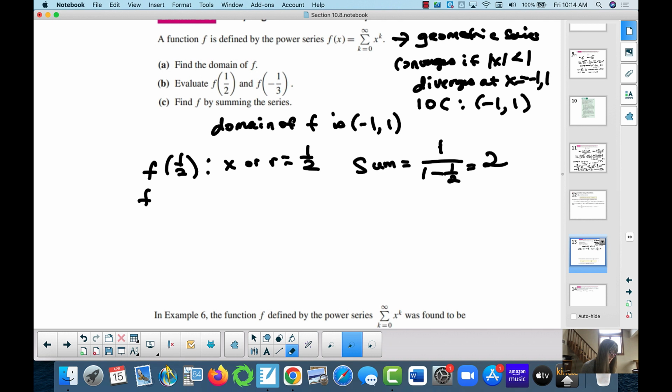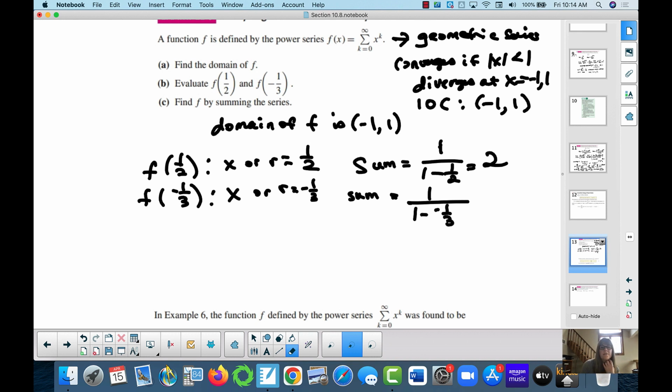We can do the same thing for negative 1/3. That means x is negative 1/3, or in this case r for our geometric series is negative 1/3. So our sum is, again, a sub 1 is 1, over 1 minus r.